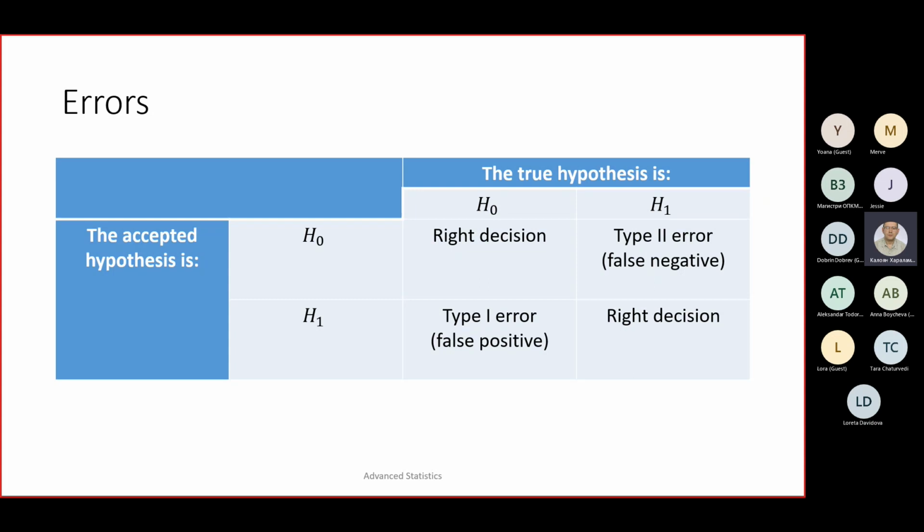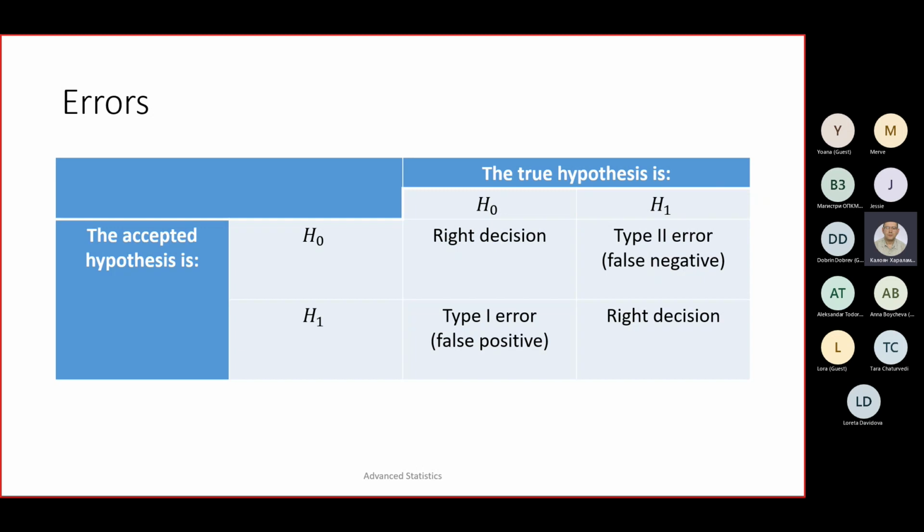In the other case, if the person is not ill, but the test shows that he or she is, maybe it's also dangerous for him because this could produce fear, and he or she maybe will take some medicines which are not necessary, or which could cause additional effects.